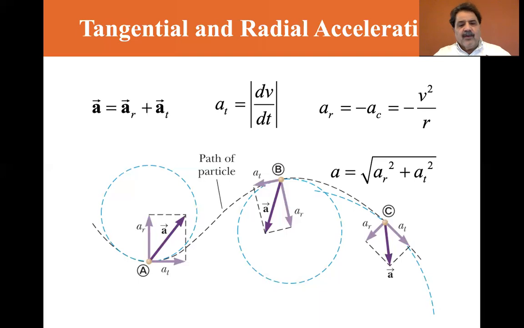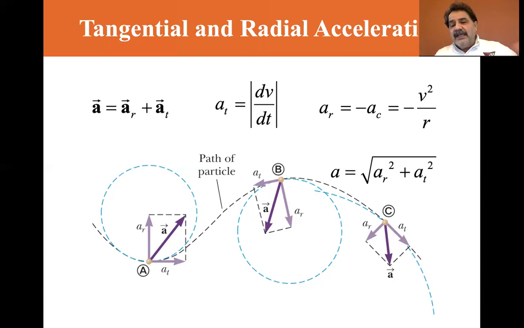Let's talk about the radius. If this radius is small, the acceleration is very great. The radial acceleration is great because it takes a lot to get something to move in a tight circle.